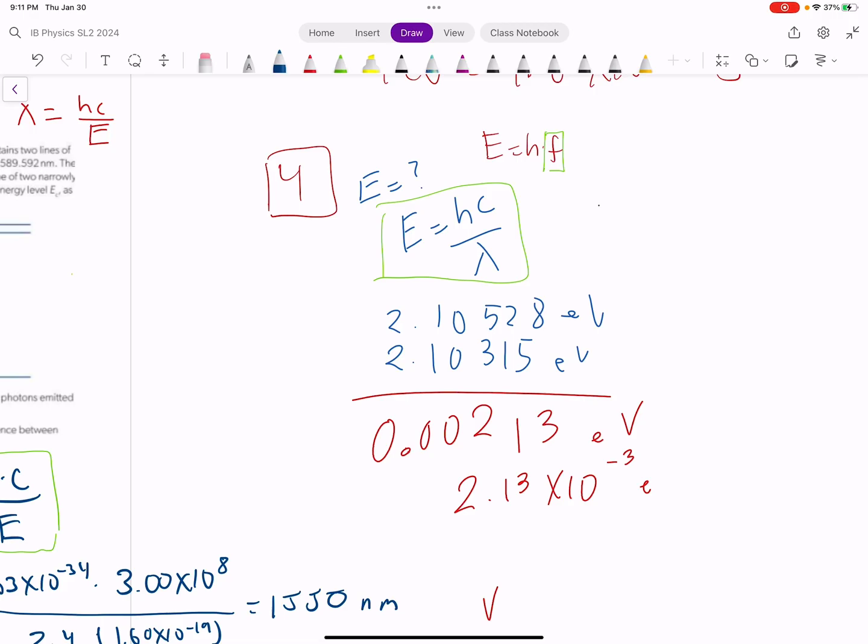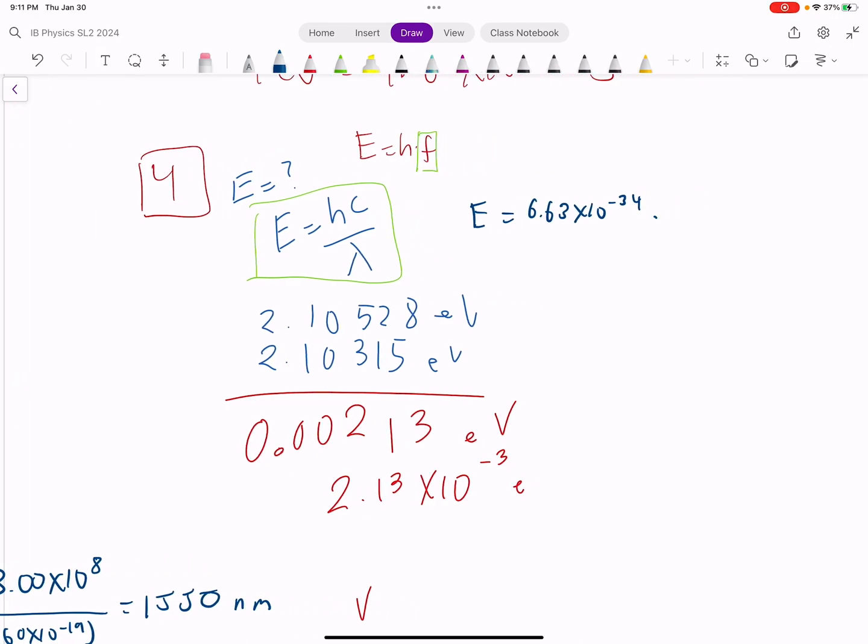We don't know the energy, but we do have the wavelength. This is Planck's constant again. So lots of exponents here. That's a 4. Make sure we know that that's a 4. This is the speed of light again, 3.0 times 10 to the 8. And then we have the lambda.